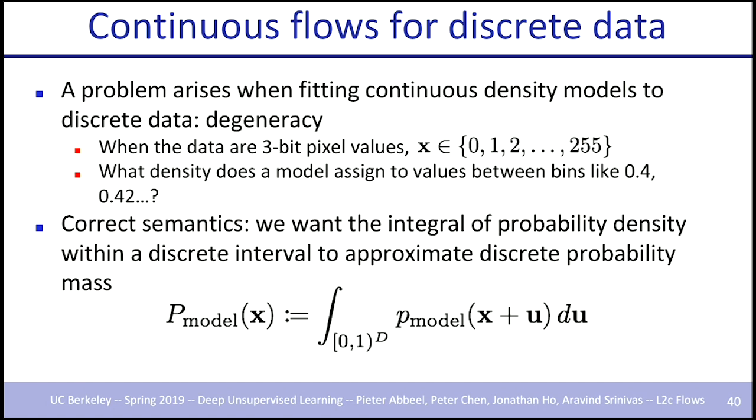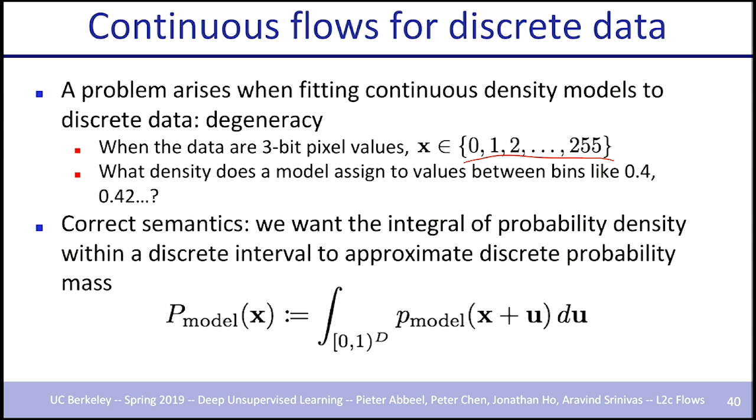So there's one issue of blindly applying flow to discrete data. Let's say my data are just some pixel values, so it goes from 0 to 255. Then there's a question of what density your model assigns to values that are between bins.